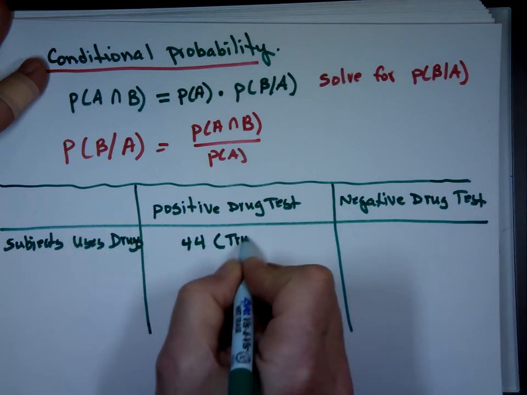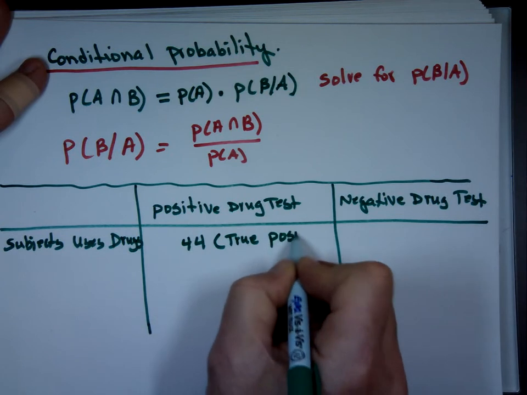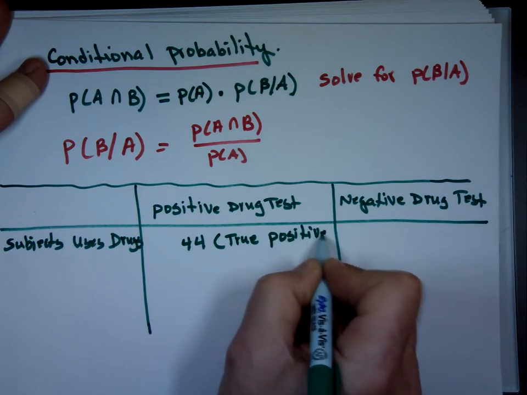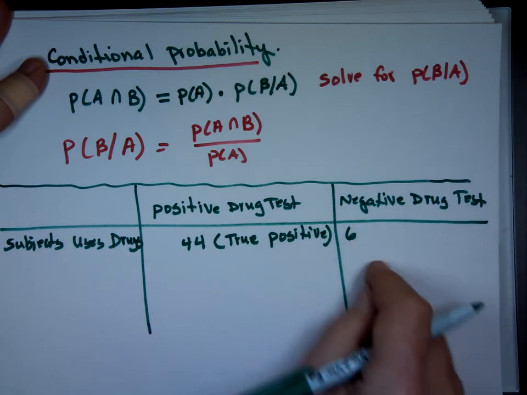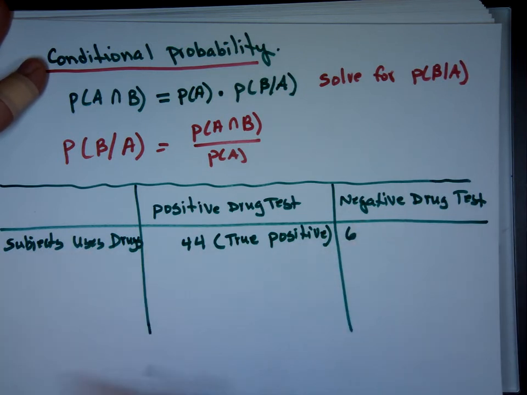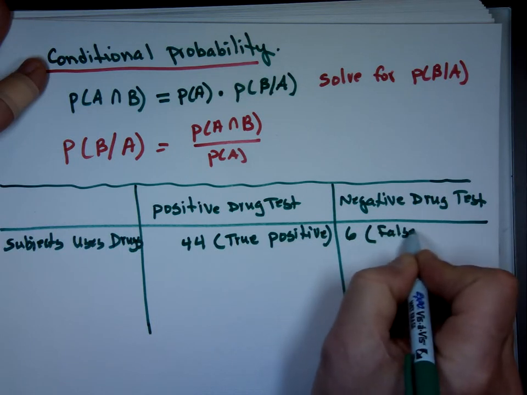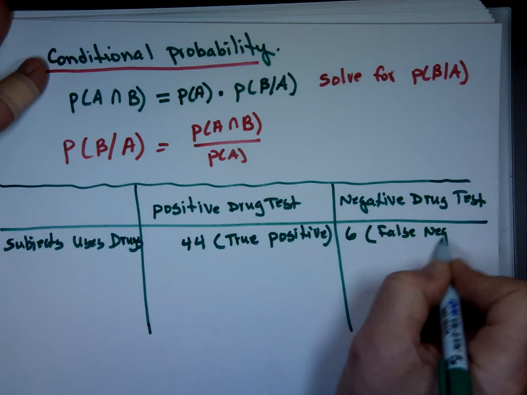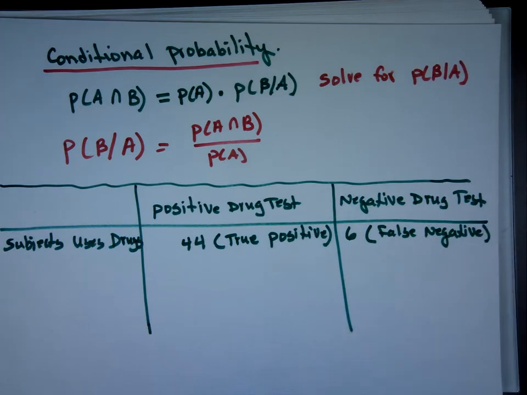We know they're drug users and the test came out positive. And for some reason, 6 of them who used drugs, the test came out negative. That's called a false negative. The test is wrong here. It came out negative, and it really shouldn't be. It should be positive.